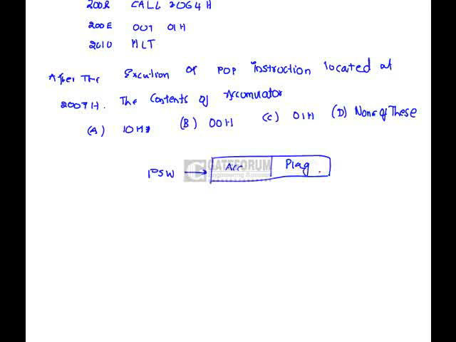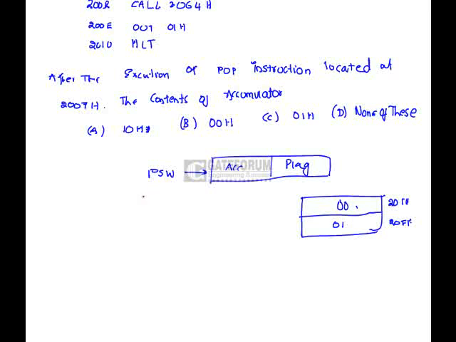So, before POP PSW, we are pushing the contents of B into the stack top locations of the stack, that is 20FF and 20FE, 0100.